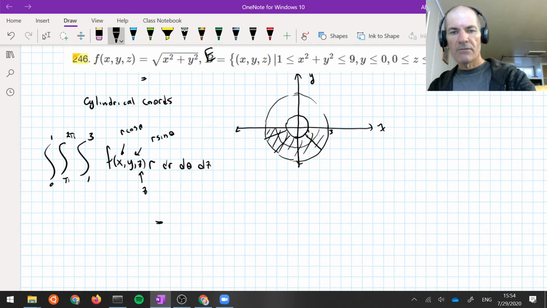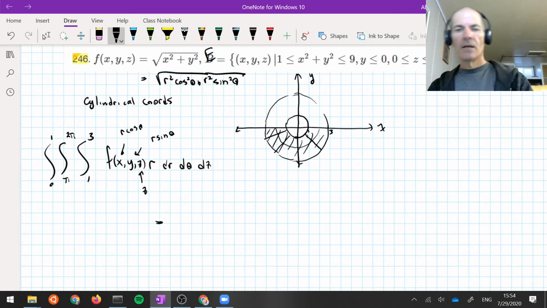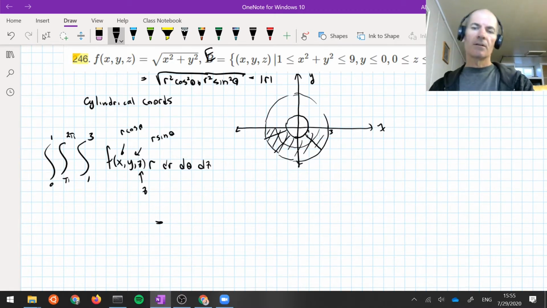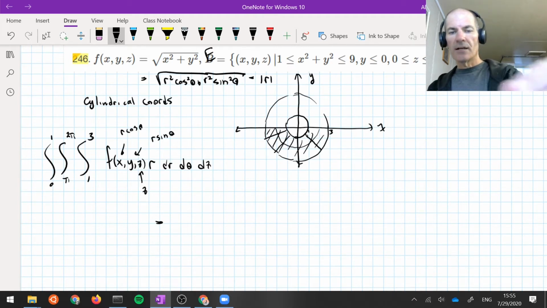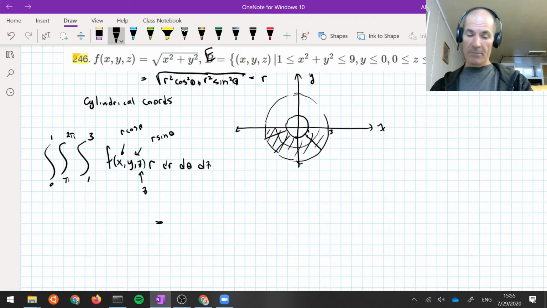In this case, f is the square root of r squared cosine squared theta plus r squared sine squared theta. And that resolves into just the absolute value of r, right? Because the cosine squared plus sine squared turns into 1. And since our radius here is always positive on this particular set, we don't need the absolute value, so we can just use r. That often happens when you're using cylindrical coordinates.